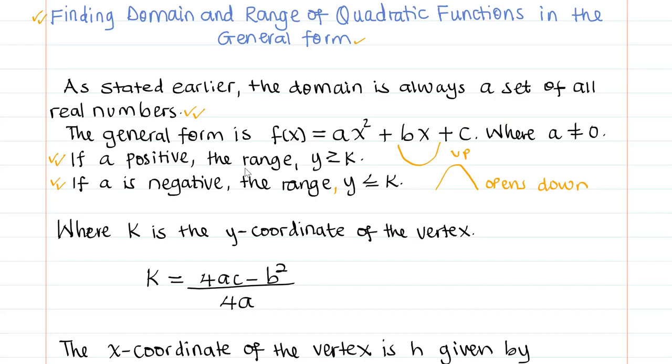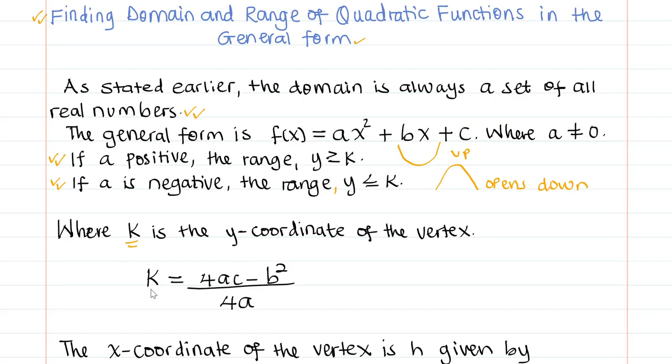So this is our focus when we are getting the range. We simply find k. After getting k, then we look at a. If a is positive, our range is more than or equal to k. But if a is negative, then our range y is less than or equal to k. And below here, we have defined the terms. We have said k is the y coordinate of the vertex.